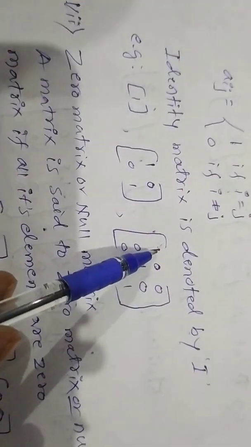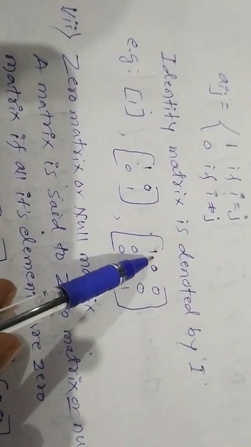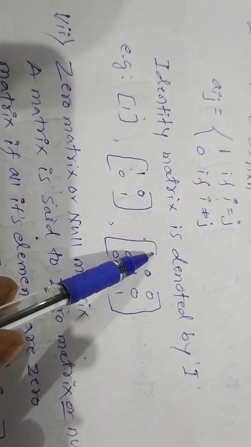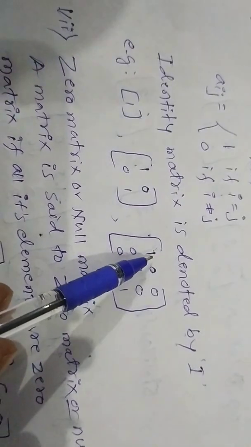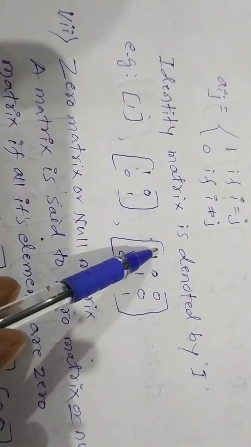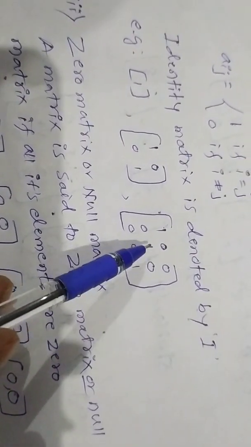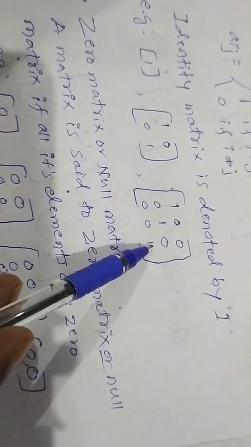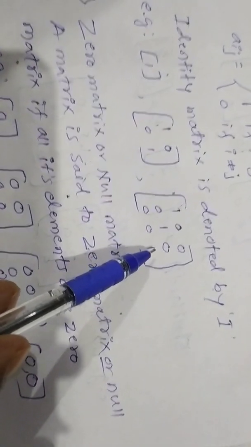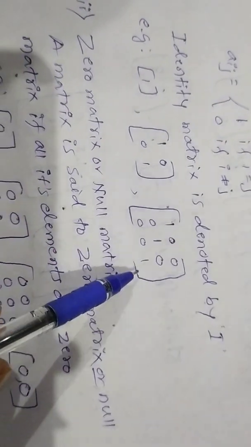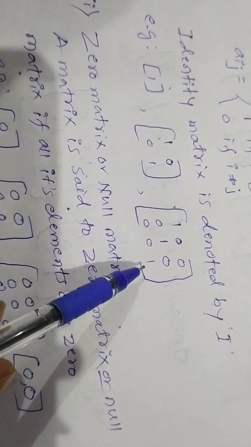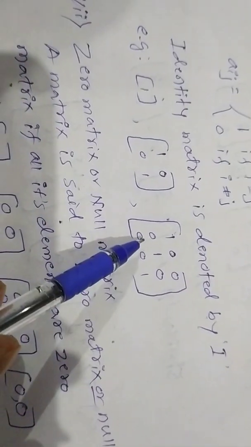See here, first row, first column, i equals j, that is 1. Second row, second column, i equals j, 1. In such cases, you get 1, 1, 1.